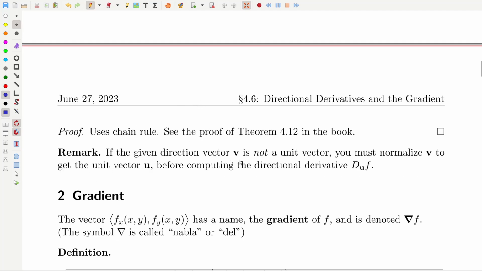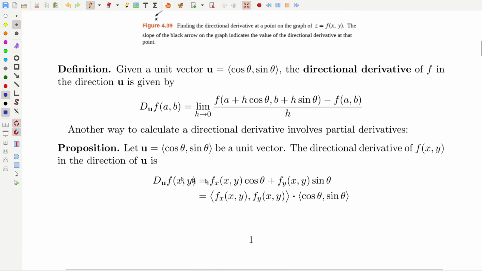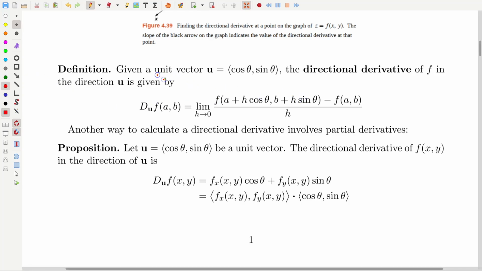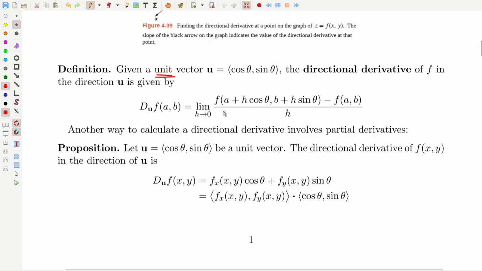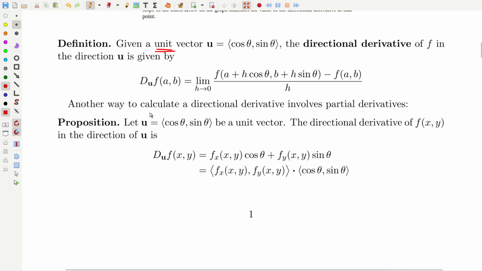Okay, and here's a very important remark, right? So in this definition, I guess I should color this. We're asserting, or we have this important assumption that the vector u is a unit vector, that it has length 1.